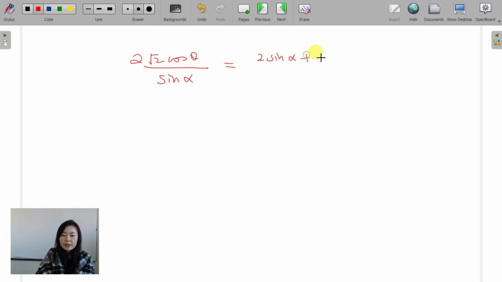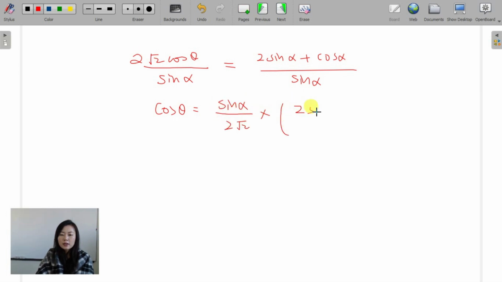All right, so I'm just copying the previous step just so that we have it in front of us. Okay, then the next step is I'm going to multiply these guys across, right? So multiply the sine alpha on top and 2 root 2 on the bottom. They cancel.